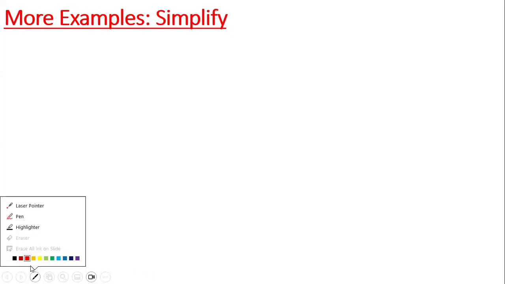So let's say, for example, we have something like this. This is number 1. Let's say we have 10 plus 4 multiplied by 32 divided by 8.